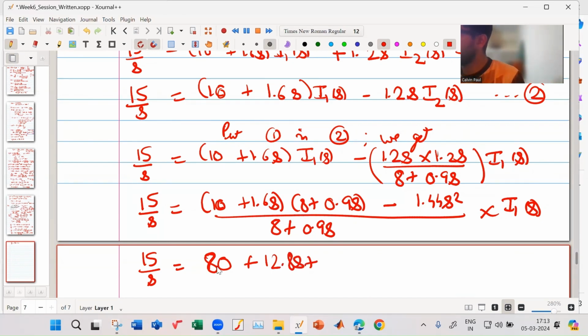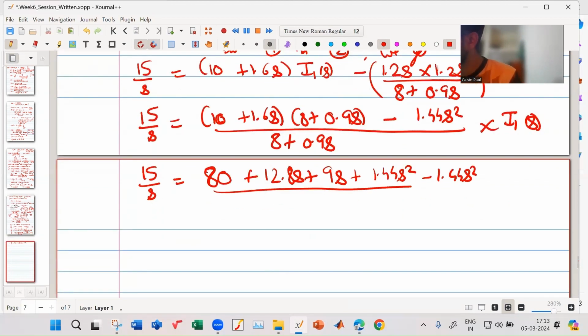What is 0.9s into 10? It is 9s. And 0.9 into 1.6 is 1.44. So it is 1.44s square minus 1.44s square, divided by 8 plus 0.9s into I1 of s.